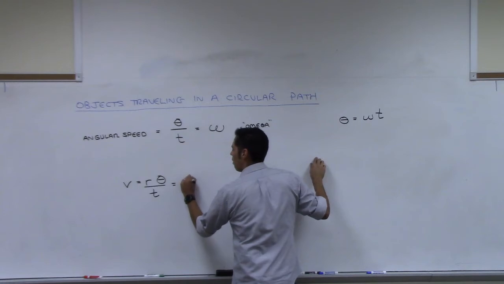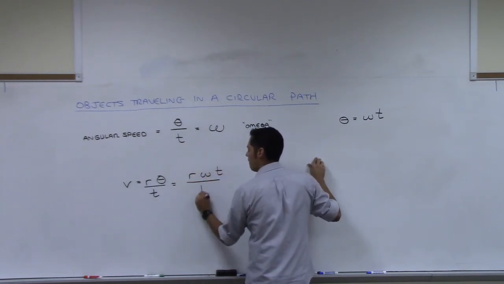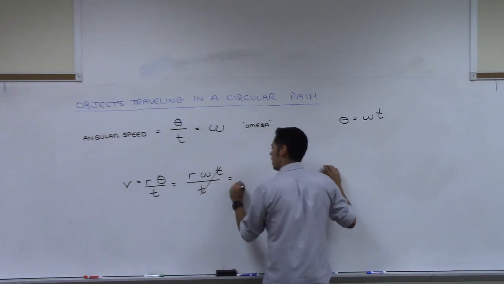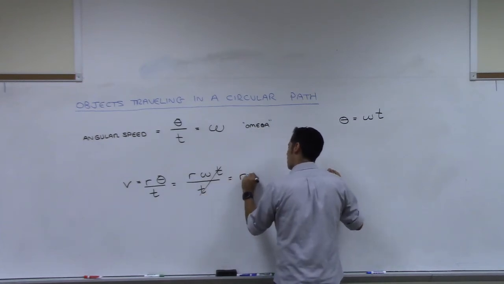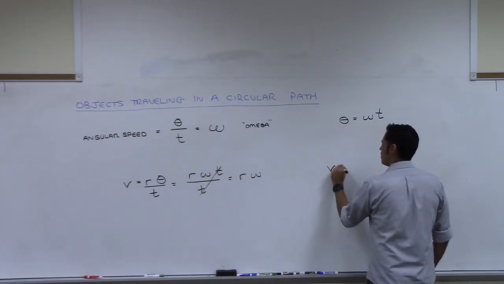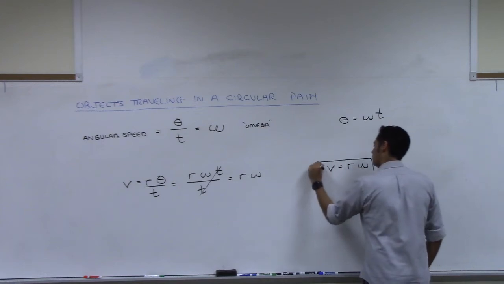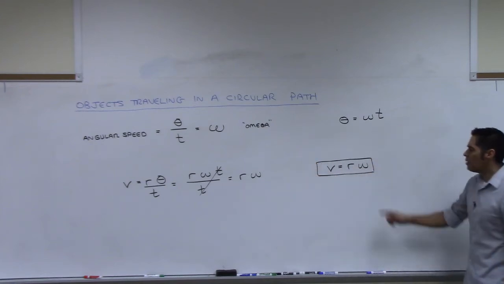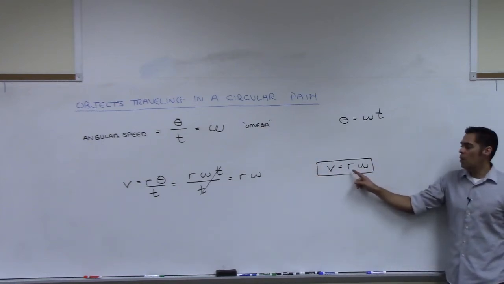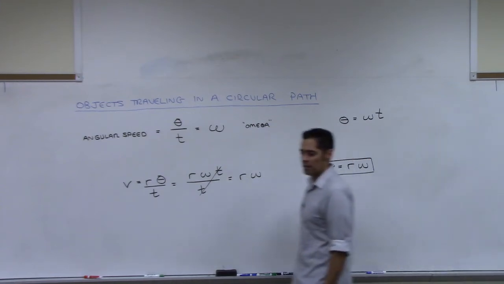And you get r omega t over t, and you just get r omega. So this is a second formula for velocity, for linear speed. If you know the radius and you know the angular speed, you just multiply them together and that's your velocity, your linear speed.